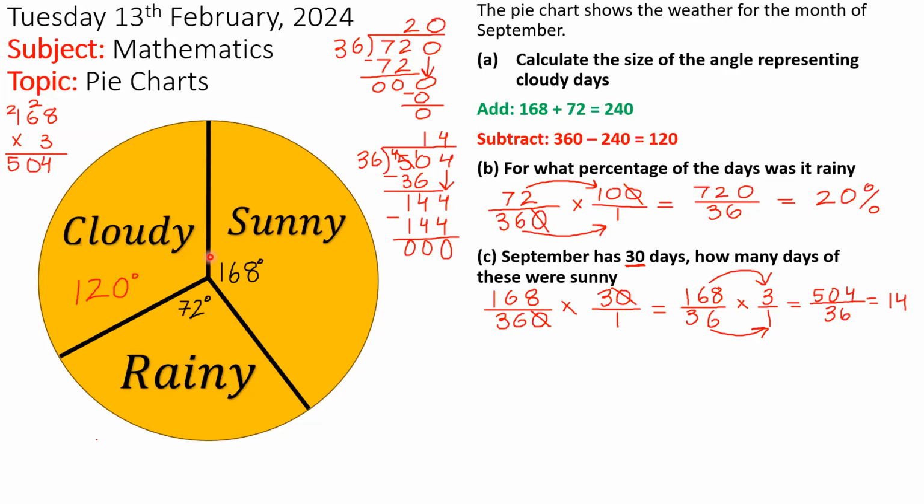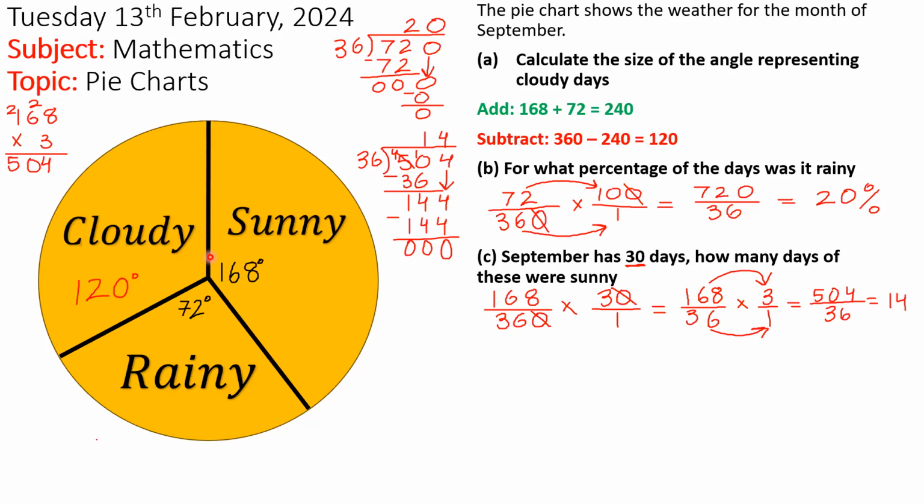We have to find the fraction for sunny days. They give us the degree is 168, so we put that over 360, which is the degrees of the circle, times 30, which is how many days are in September, over 1.